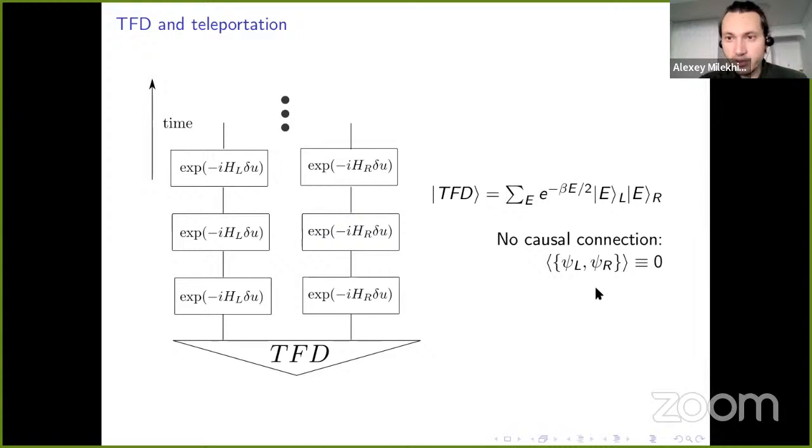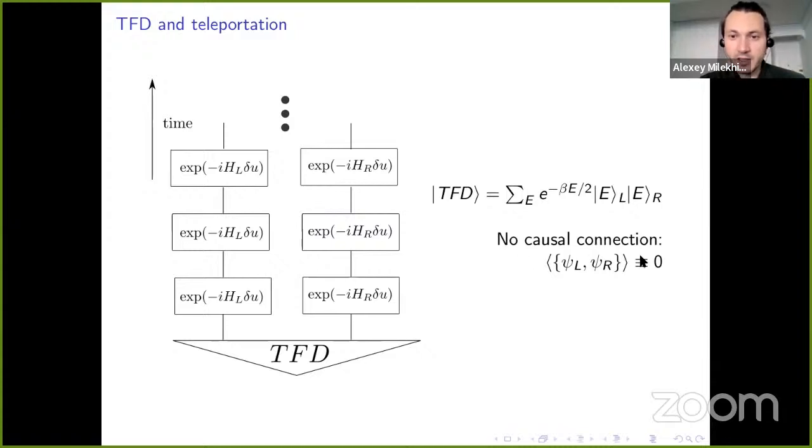And as usual in quantum field theory, if I want to probe causal structure between different subregions, I can study the commutator of bosonic operators or the anti-commutator of fermionic operators. And here, there is no causal connection whatsoever, because Alice can be on Earth and Bob can be on Mars, and despite the fact that they are entangled, they cannot really send any information between each other.